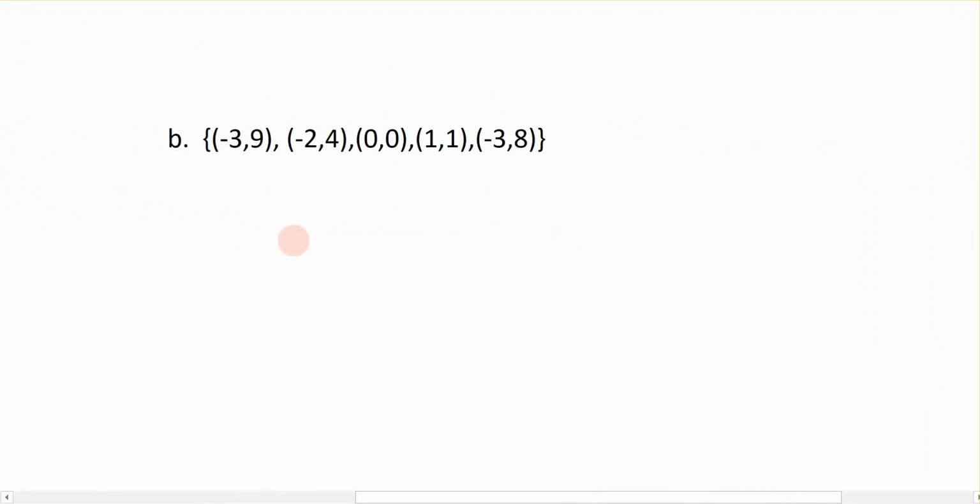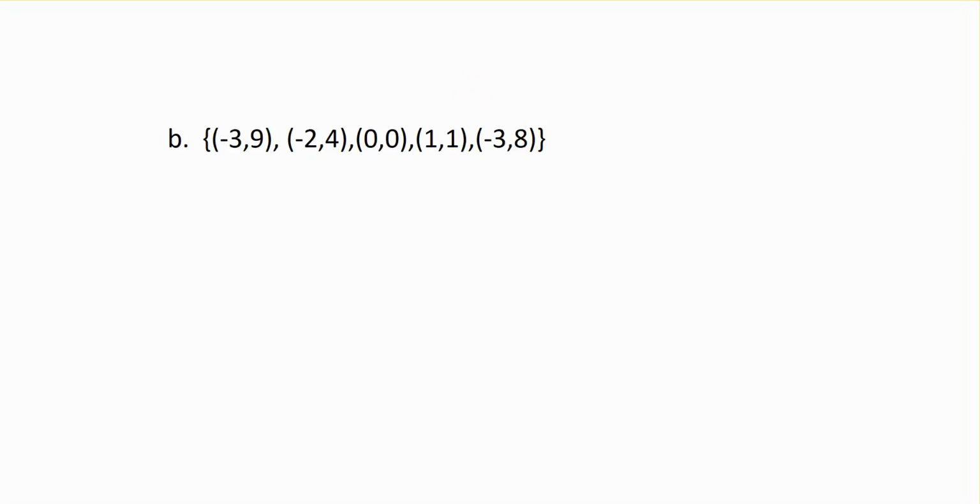Now let's look at this set of ordered pairs. I have 5 ordered pairs over here. Again, my definition of a function is that for each x there is exactly one y, or in other words, if I'm given an x, do I know what the y is supposed to be?